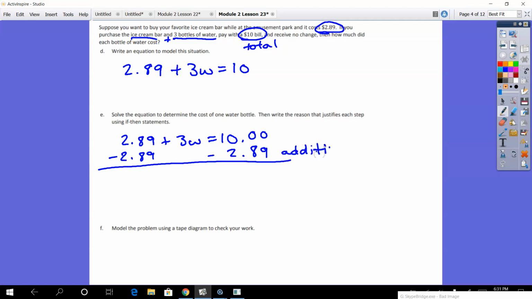We're doing it because this is the additive inverse. So this is 3W is equal to, subtract, so I had to borrow from over here. So this became 10, couldn't do it. So I borrowed from here and it became a 9. Here, couldn't do it. Okay.